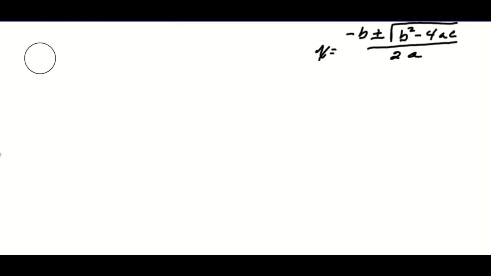In number 14, what we had was x squared minus 4x plus 2 equals 0. The numbers aren't that large in here, and it's in the right order, so we're going to plug that into our quadratic equation.